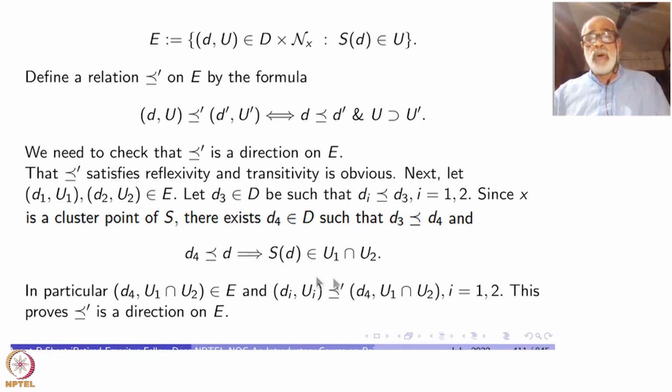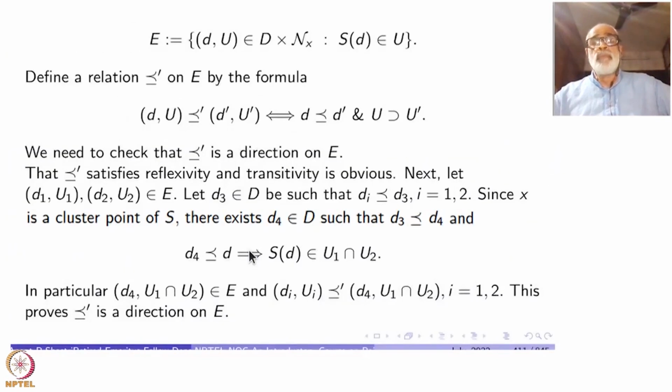So this is less than or equal to D4, and the U's are all bigger than U1 intersection U2, because U1 and U2 are there and I have taken the intersection. This proves that this is a direction only.